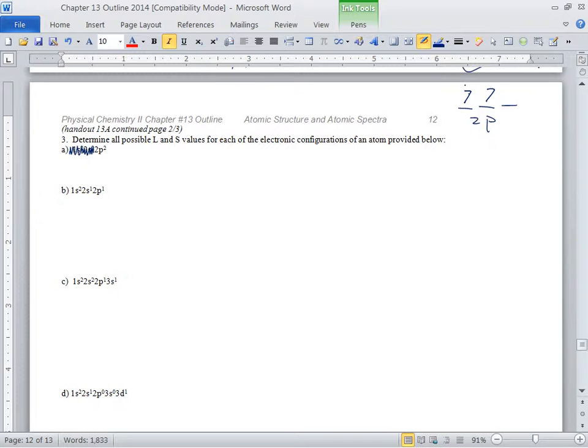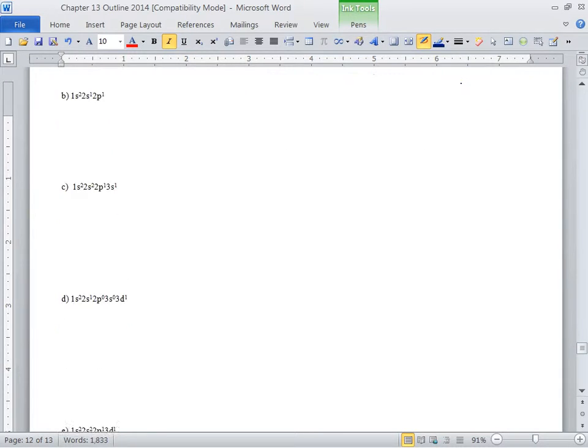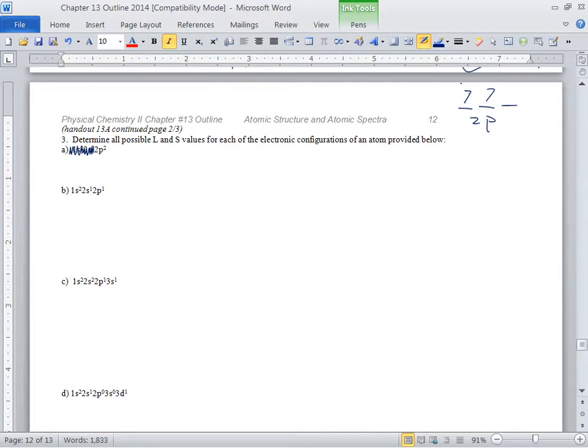So identify what the lowercase quantum numbers of L and S are and couple them. So for this first one, we have 2 S's. Well, you have a little s1 and little s2. Little s1 is a half.